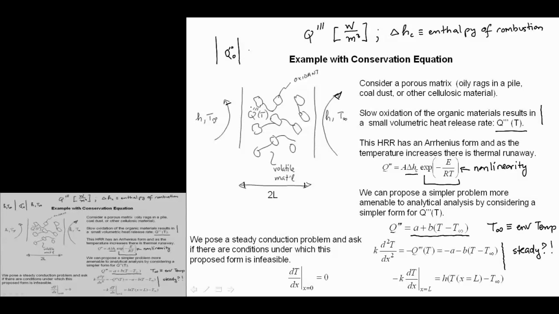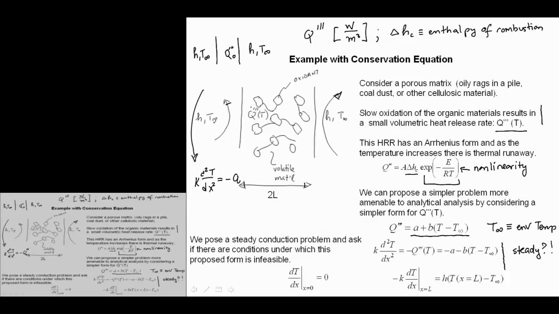you should be able to identify what that looks like. What you're solving is this equation: K d squared T dx squared is equal to minus Q triple prime 0. Simple. You just integrate it twice.